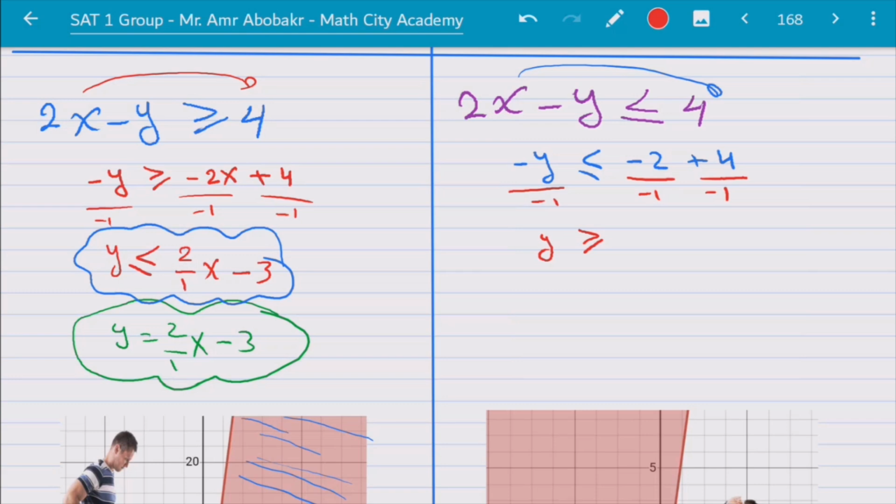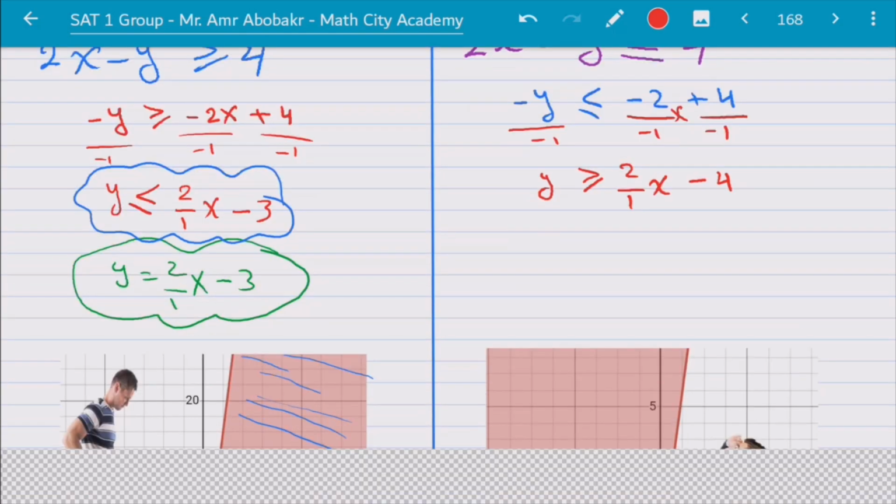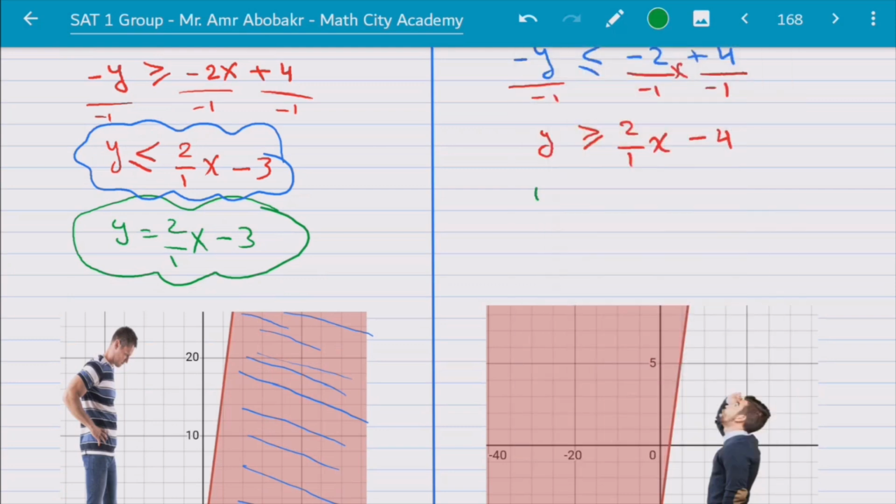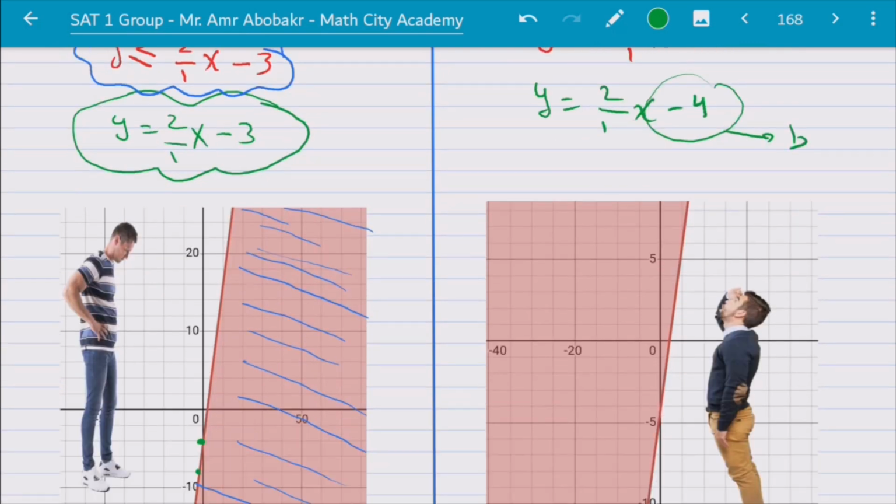Negative 2 over negative 1 will be 2 over 1 x, minus 4. So now we have the inequality. We can make it like an equation of a straight line, y equals 2 over 1x minus 4. So this is b. At negative 4, put a dot.